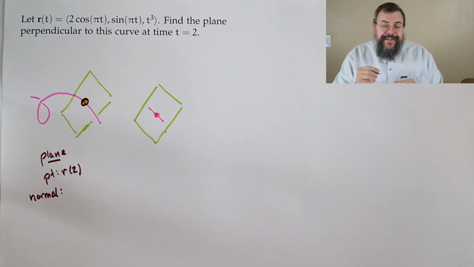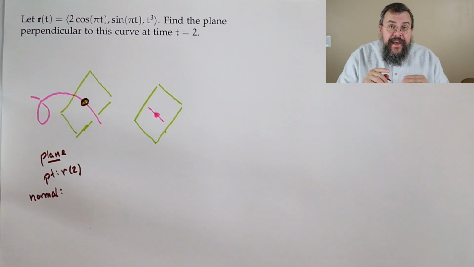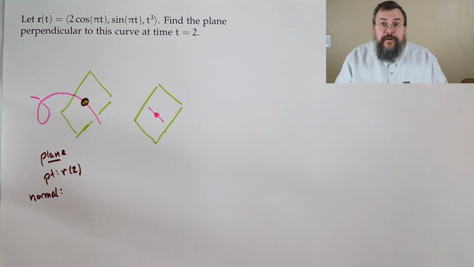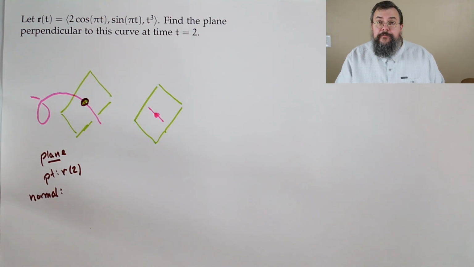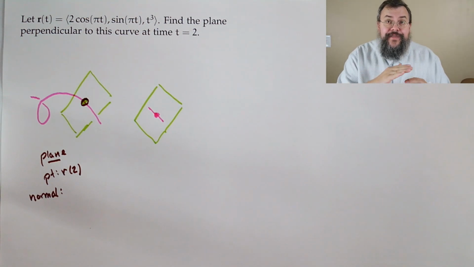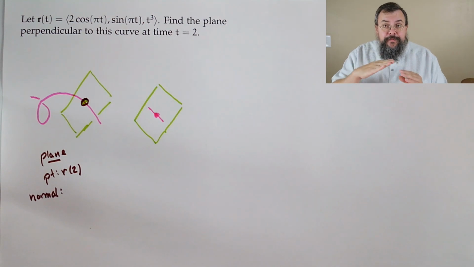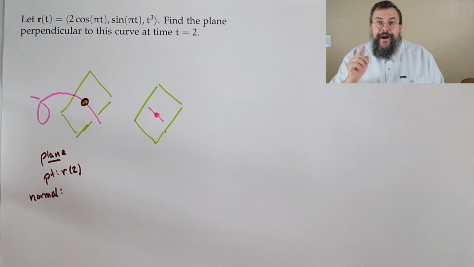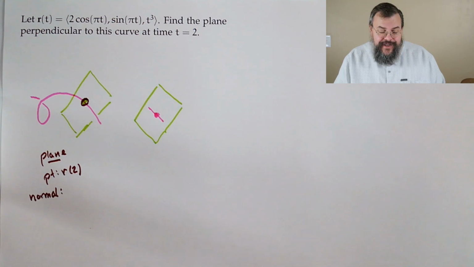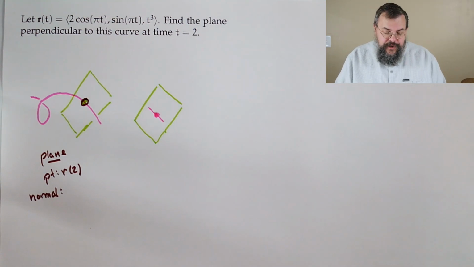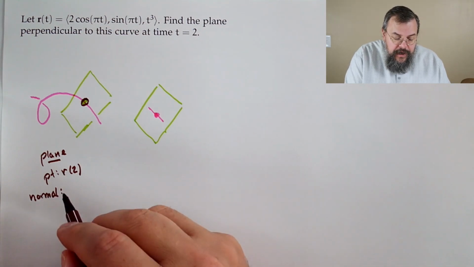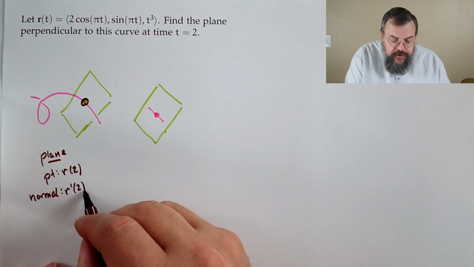So the tangent line is going to be perpendicular to our plane. Well, that says the direction of the tangent line is normal, right? Because that's perpendicular. Well, what's the direction of the tangent line? That's the derivative. So our normal will be r prime of 2.